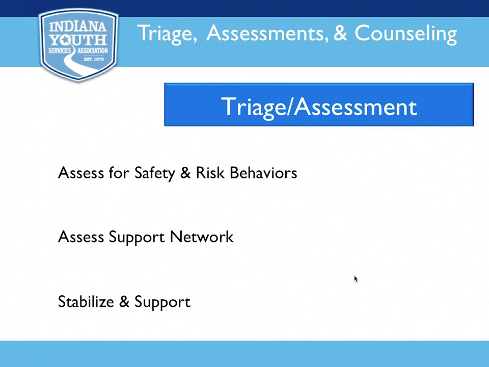Someone who is fully supportive, who is respectful, who's there for them no matter what. And then once we understand what the barriers are to their safety, if there are risk behaviors, we see what support they have.